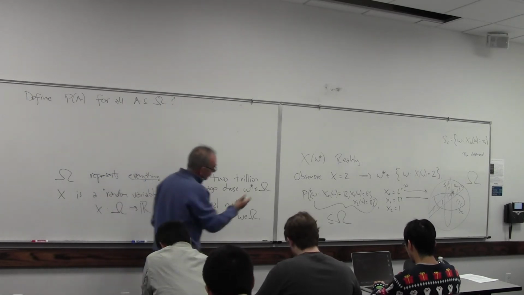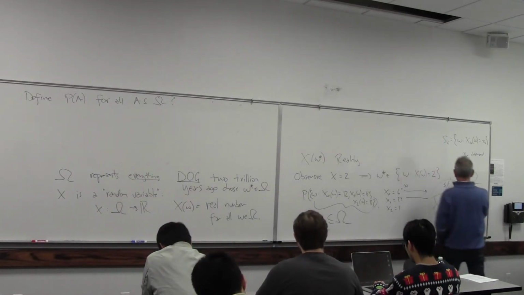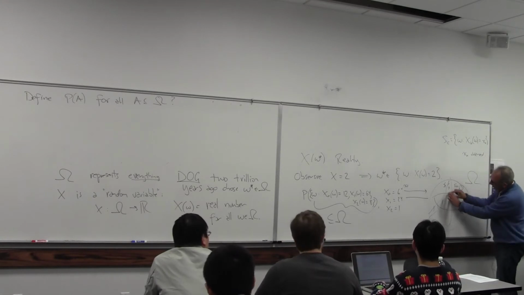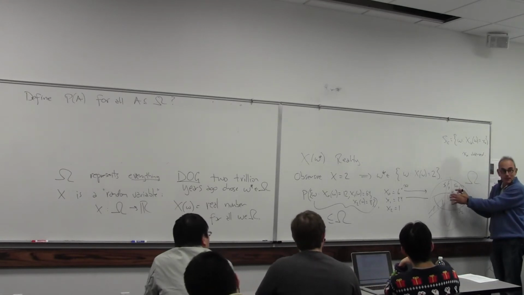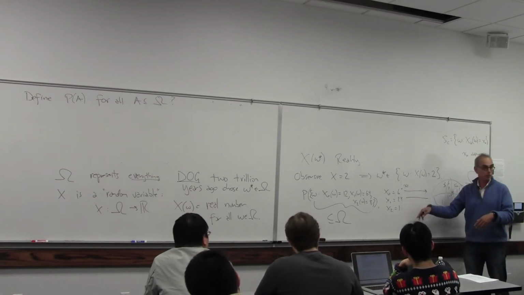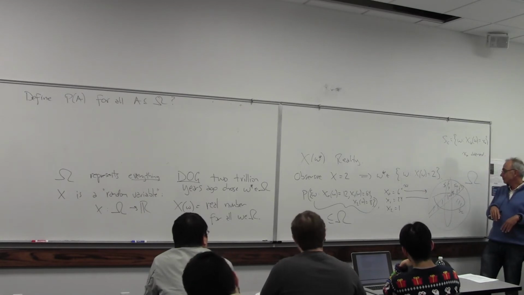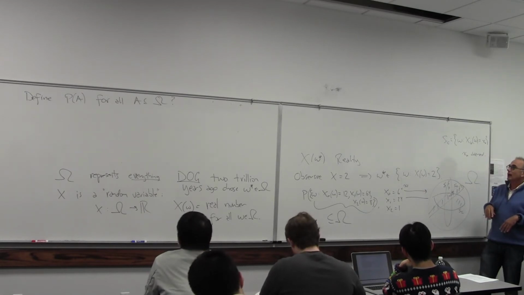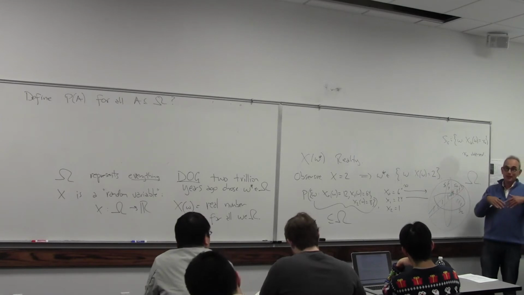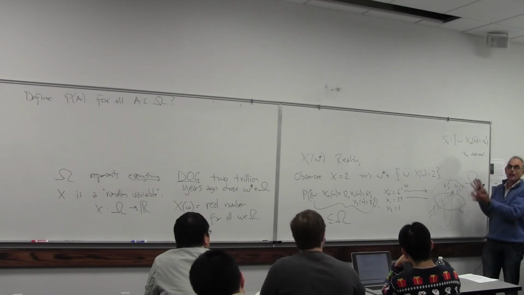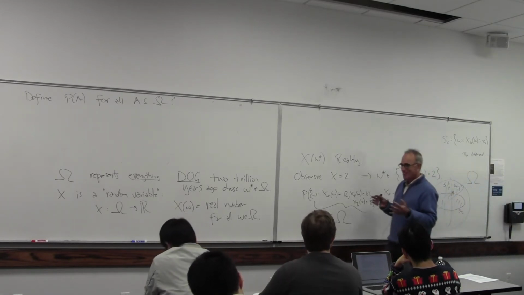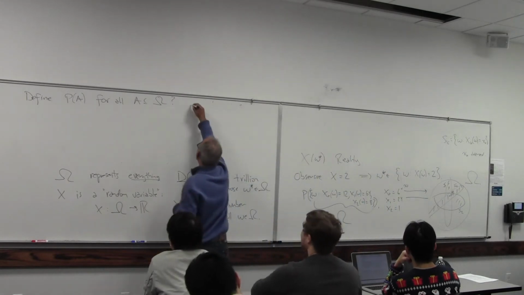So you saw here, I looked at this set, this set, this set. I'd like to know the probability of that intersection before I made the observations, and then from that, I'd like to look at any subset of omega. That's impossible, so there's no extension theorem.